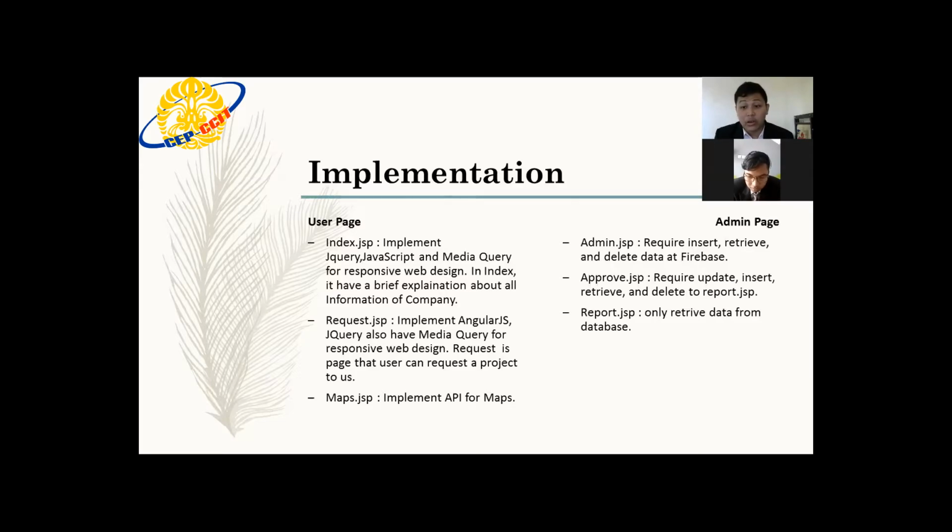Before we go into admin.jsp, we have index.jsp for admin, and that is for login. We use Firebase authentication to get email and password, and log in to admin.jsp. Admin.jsp requires insert, retrieve, and delete data at the Firebase real-time database.